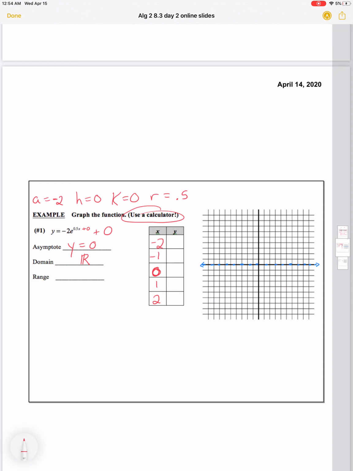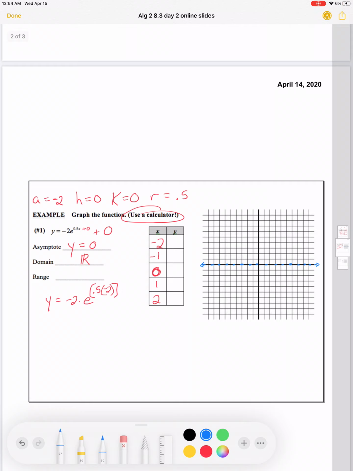You would do y equals -2 times e to the 0.5 times -2. Okay, and on your calculator, you will probably have to use parentheses here, depending on the calculator you have. So don't forget about these. And when you type that in, you should get -0.7.